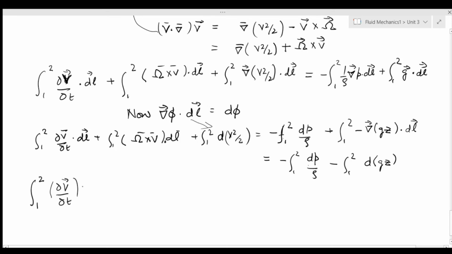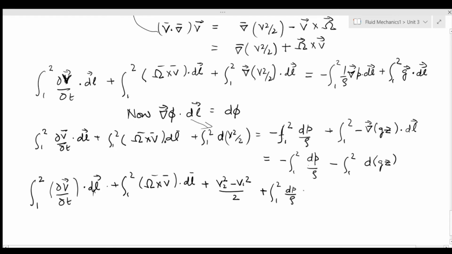Integral of del V by del t dot dl, it's d separate, l separate, plus integral 1 to 2 of omega cross V dot dl, plus V2 square minus V1 square upon 2, plus integral 1 to 2 of dp by rho plus g z2 minus z1 equals 0.